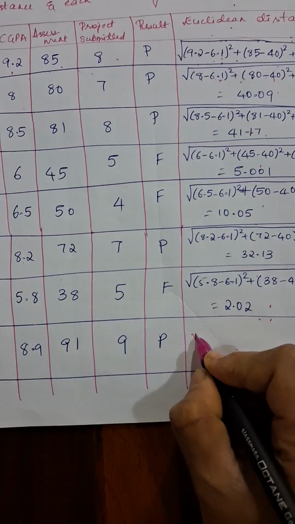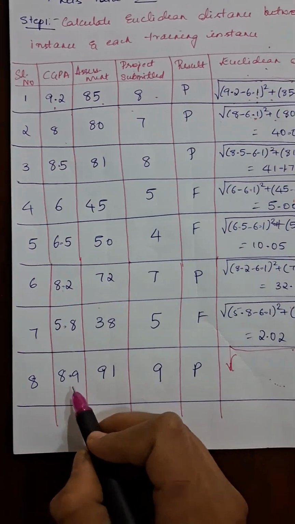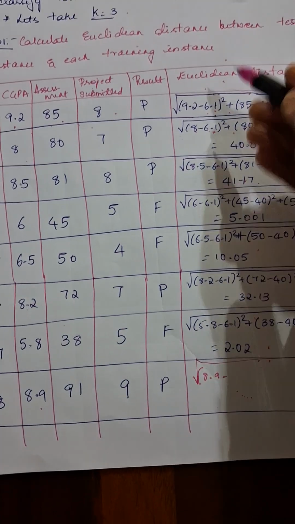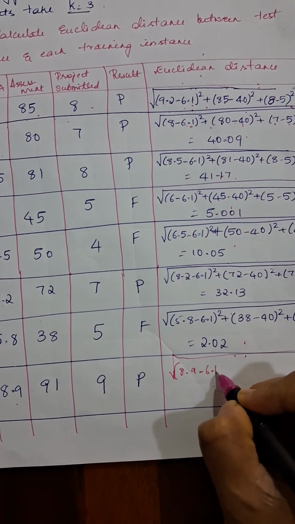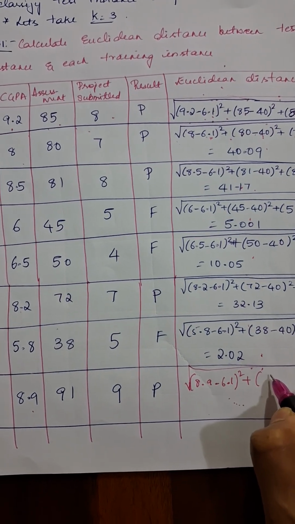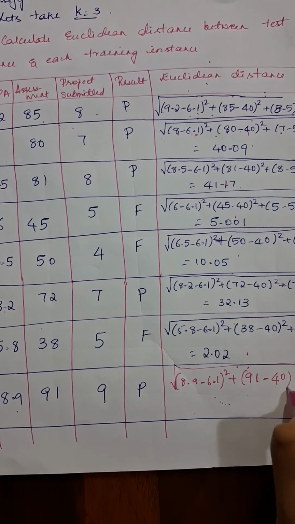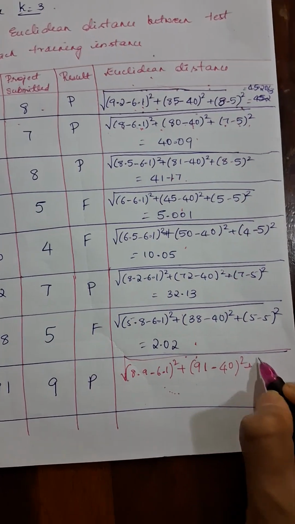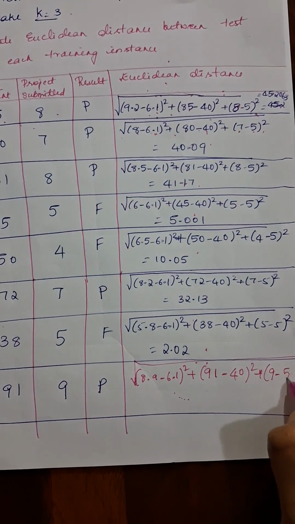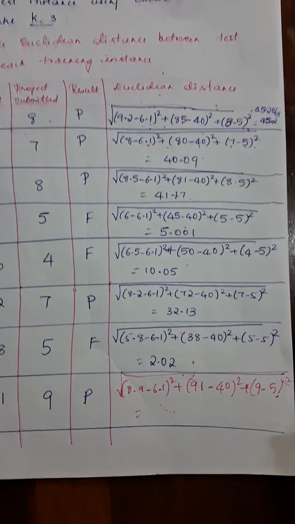It would be the square root of CGPA 8.9 minus 6.1, which is the test CGPA, plus 91 minus 40, the test assessment, plus 9 is the project submitted marks minus 5, the test project submitted marks. So let's find out this value.